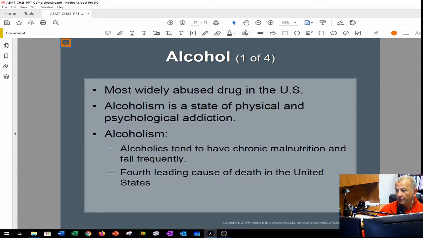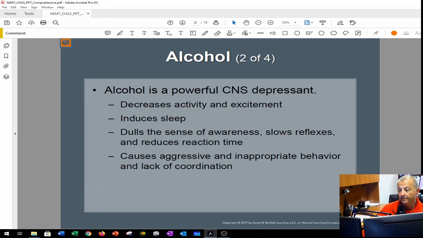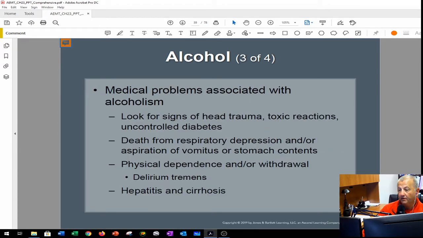All right, so I'm going to mention this when we talk about alcohol and alcoholism. People with alcoholism tend to have chronic malnutrition and they fall a lot, so they're very susceptible to head injuries. Due to the malnutrition, these patients can be hypoglycemic. And when we talk about medical problems associated with alcoholism, we can talk about DTs.